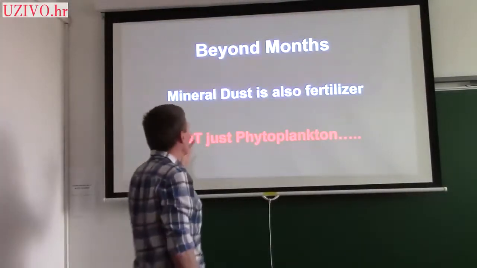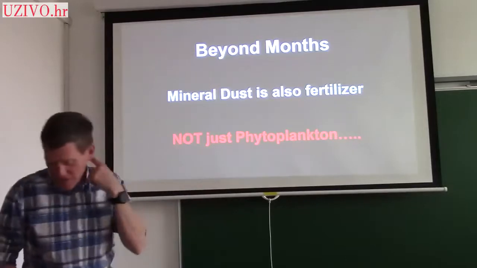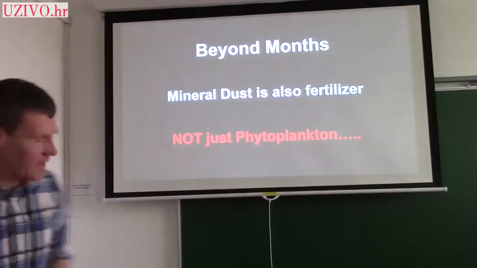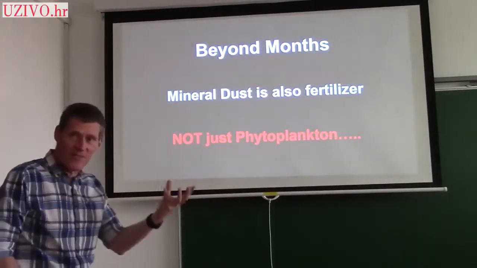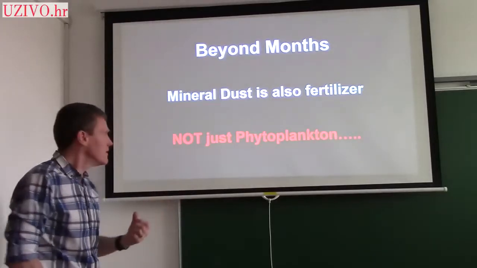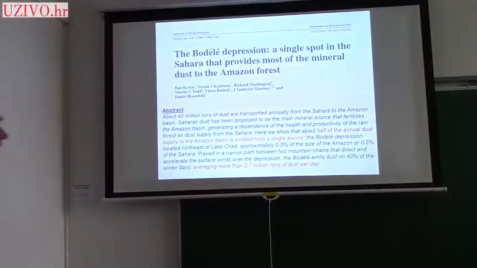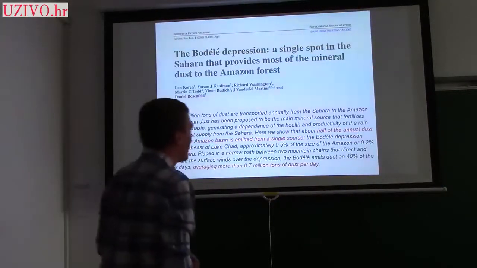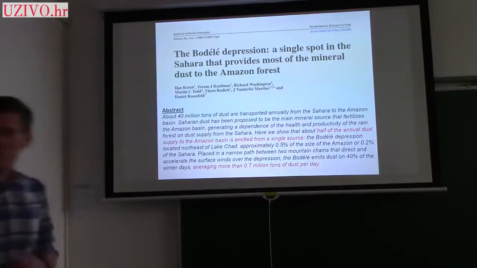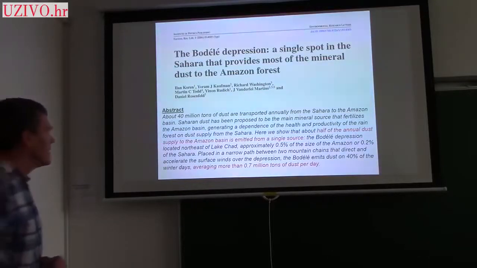And then beyond months, mineral dust, as we've already seen, is a very effective fertiliser for phytoplankton very, very quickly. It's full of phosphorus and iron and all sorts of minerals that plants need.